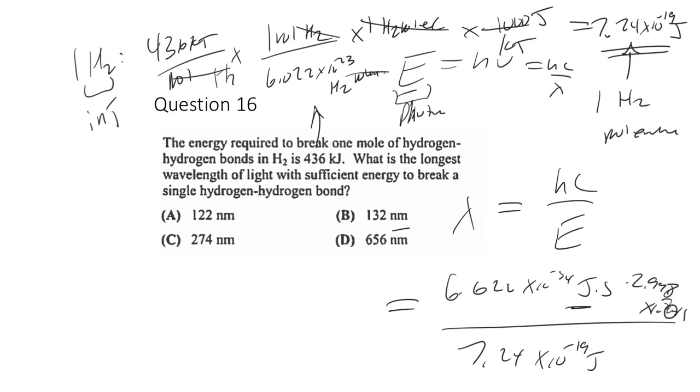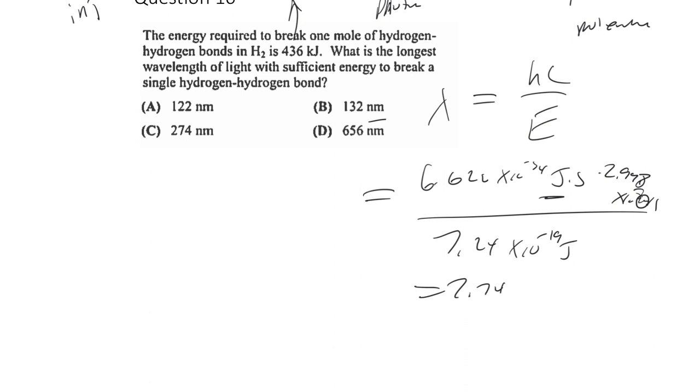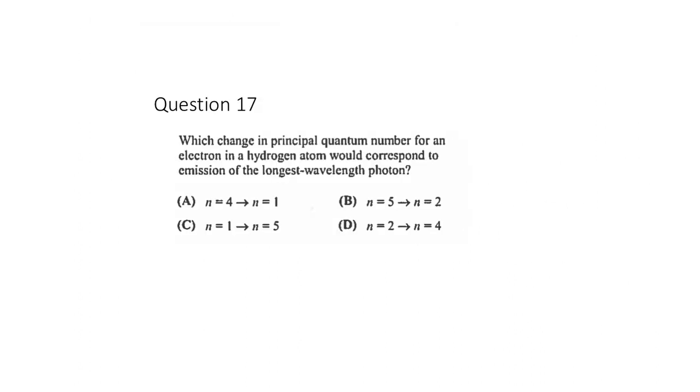That gives me 2.74 times 10 to the minus 7. And then 1 meter, 10 to the 9 nanometers, so times 1E9, 274 nanometers. So 274 nanometers contains the proper energy for the bond.